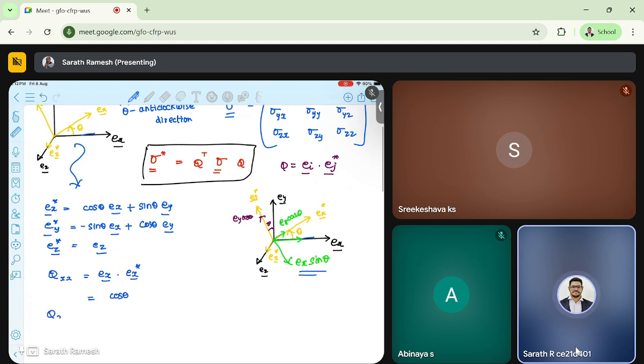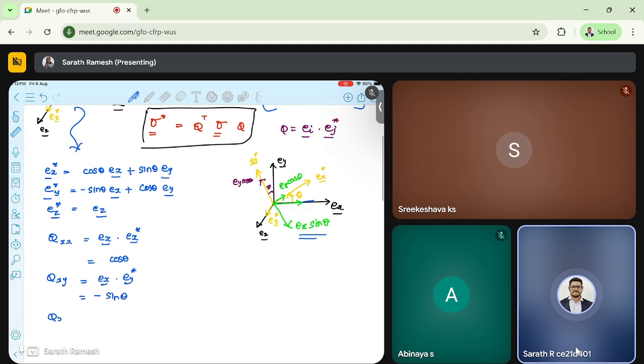Similarly, Qxy will be Ex dotted with Ey star, which will be minus sin theta. What is Qxz? Ex dotted with Ez star. Ex is in the plane and Ez star is perpendicular, so 0.